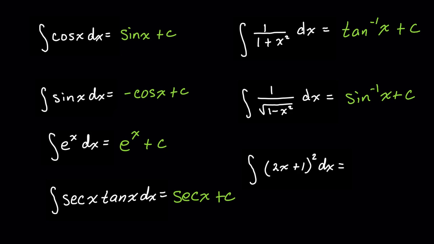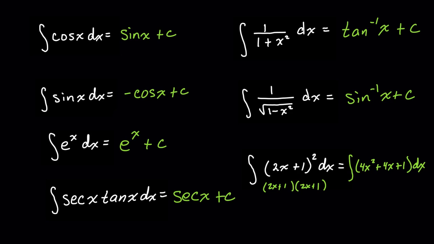And then when you have something like this, what you may want to do is actually multiply this together. 2x plus 1 times 2x plus 1, which would involve distributing all that, which would give you the integral of 4x squared plus 4x plus 1 dx.